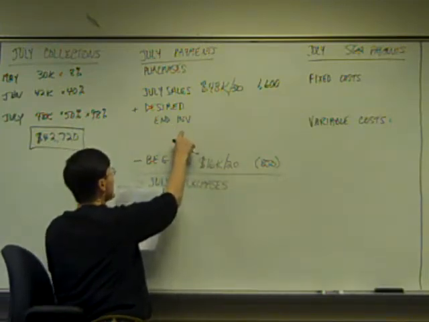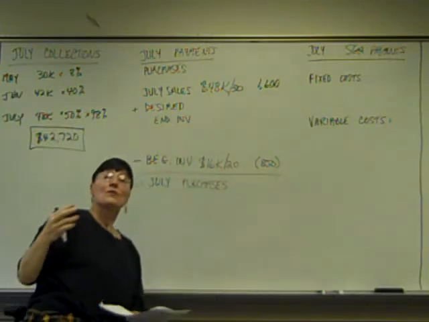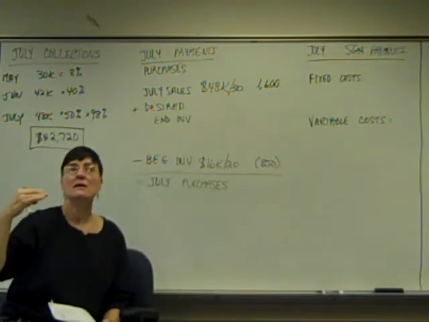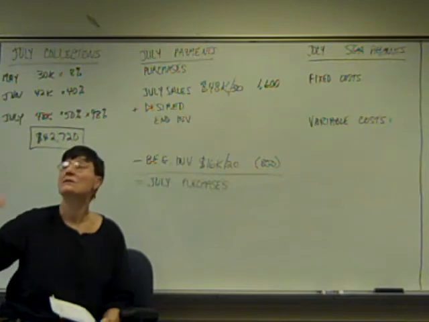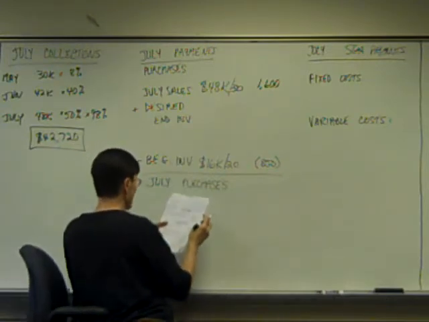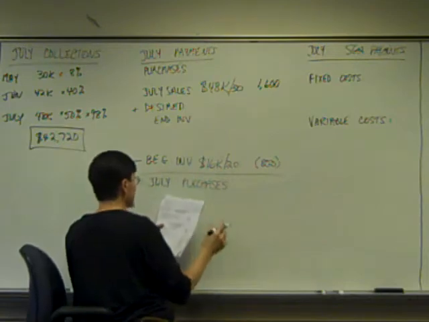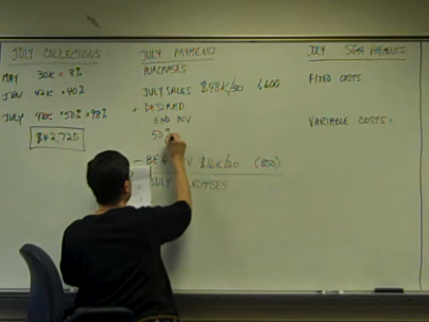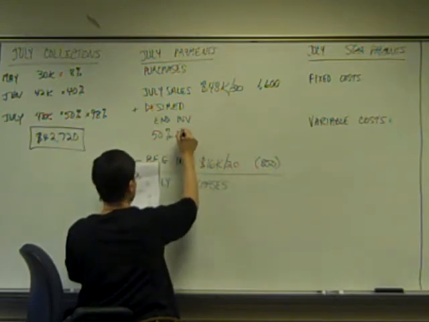Our desired ending inventory, you have to look for the policy. It's almost always based on some percentage of next month's sales or next month's cost of goods sold. Right? And in this case, you're told that our desired ending inventory was 50% of the next month's sales.